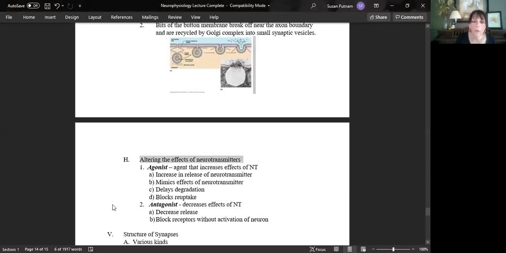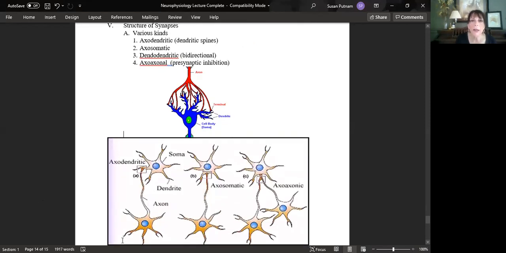So going over here, we have different forms of synapses. They're not all the same. Often you see this textbook synapse that shows up, and it's like, here's a neuron, here's the axon, and here's the synapse at another neuron. Well, there are different kinds. I've tried to give you some illustrations here.